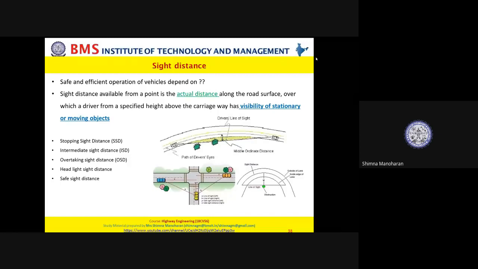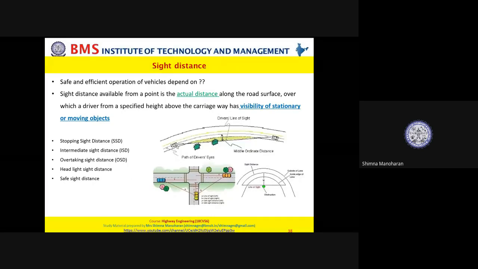moving objects. If you look at these three images over here, you can see a car traversing through a horizontal curve. Here, if the driver has to see the car that is coming from here, then this line of sight should be clear, right?